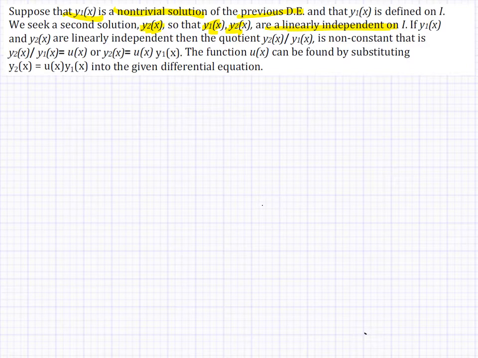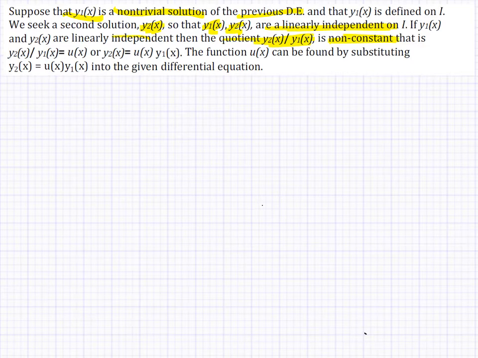We're not concerned with a bunch of solutions that are linearly dependent, because they would basically be considered the same solution. They're just multiples of each other. Okay? So we want linearly independent solutions. Well, if y1 and y2 are linearly independent, then that means that the quotient of y2 and y1, if I divide those two functions, is going to be a non-constant.